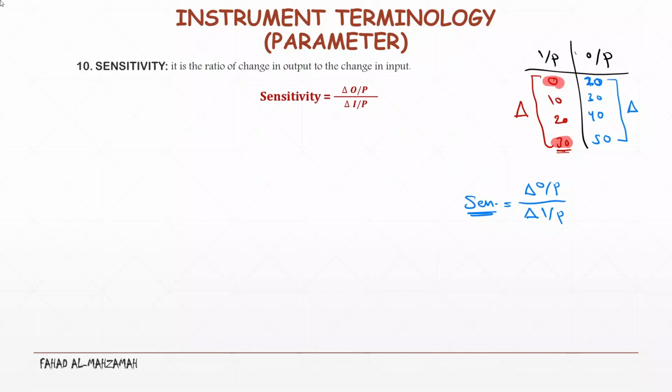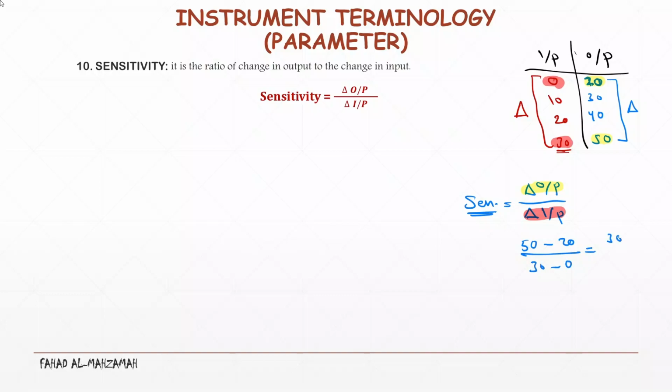So you take these two values, 30 and 0, and you take the difference. This is delta input. And take the difference between these two values, and this is the delta output. So the answer is delta output equals 50 minus 20 divided by delta input, which is 30 minus 0.